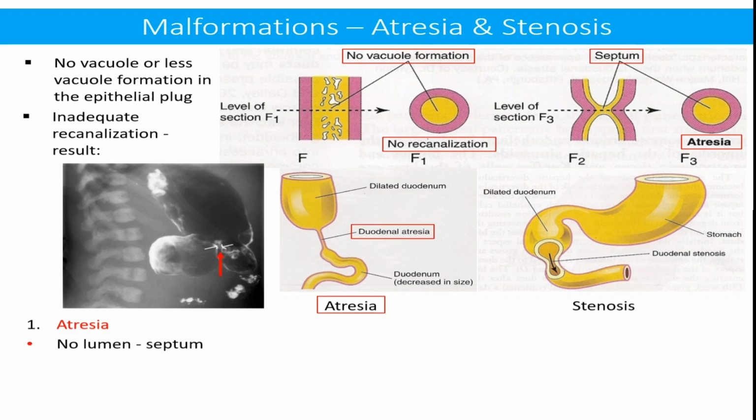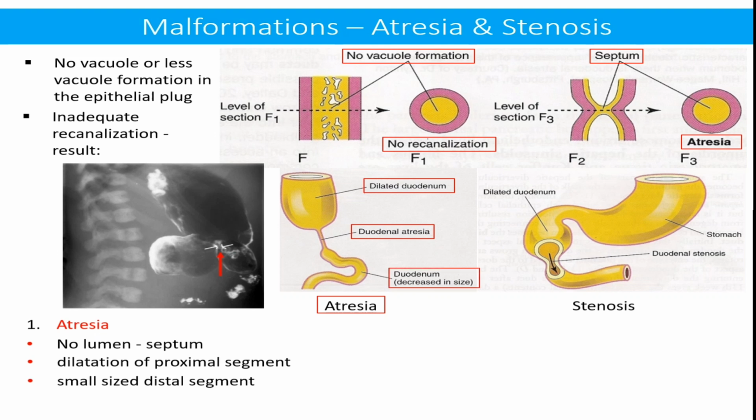In this condition, there is no lumen and the lumen is occupied by a septum. Hence, the proximal segment of the duodenum becomes dilated and the distal segment remains underdeveloped.